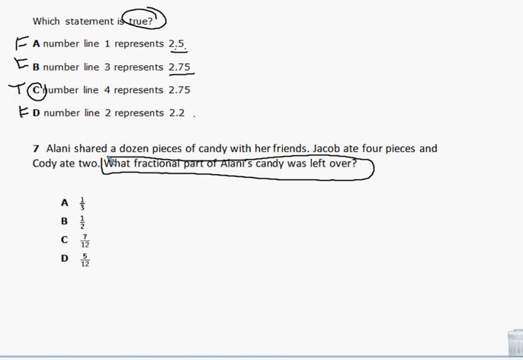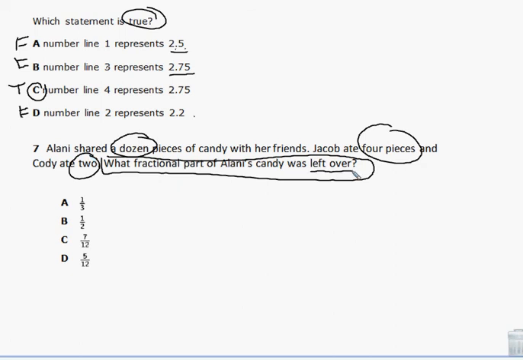And it says, Alani shared a dozen pieces of candy. Jacob ate 4 pieces. Cody ate 2 pieces. So we're trying to figure out what's left over.